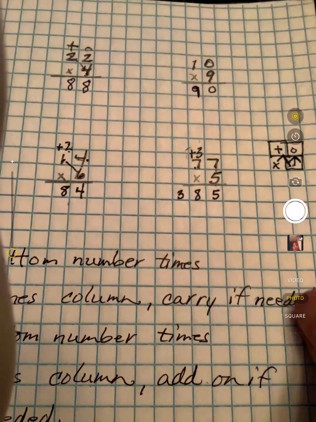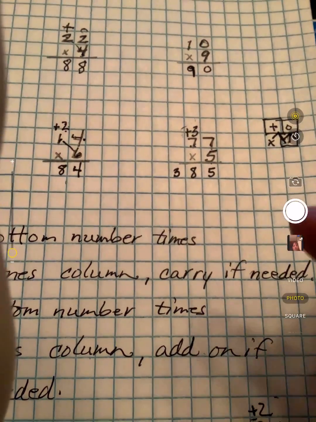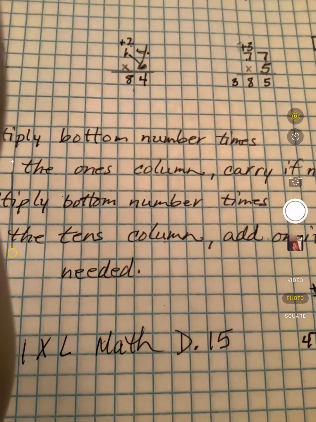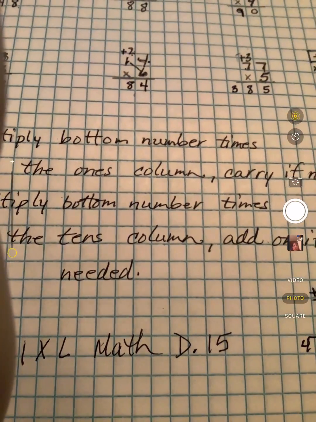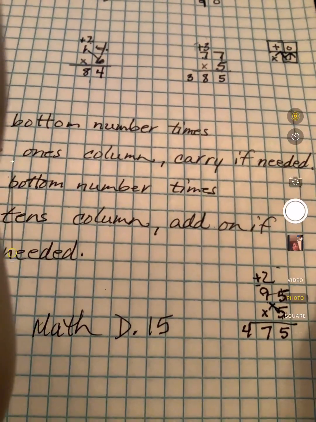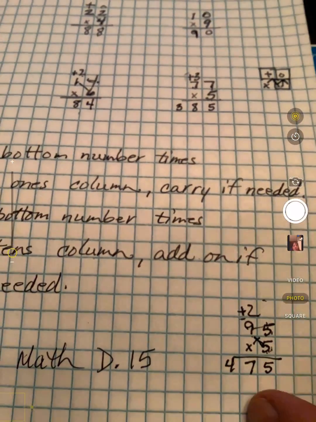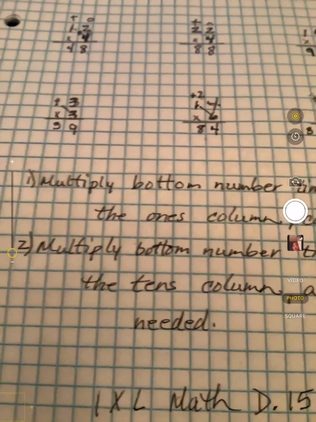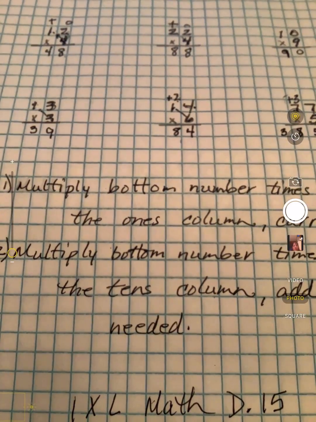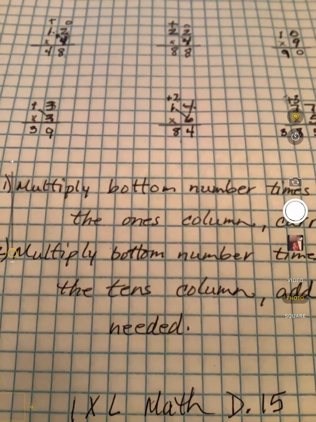Okay, now boys and girls, I strongly recommend that you get a piece of paper out. Copy down some of those if you need to, but let's see if I can get that a little bit. Oh, no. Okay, multiply the bottom number times the ones column.